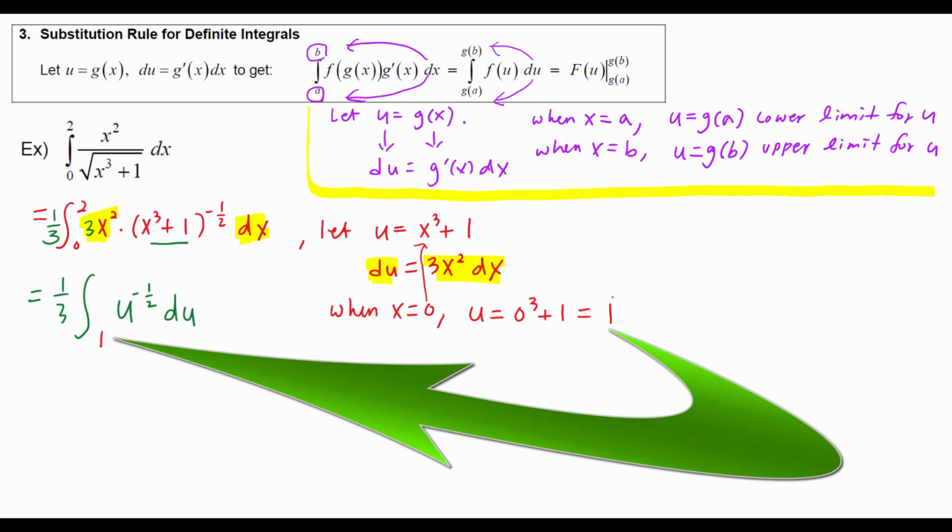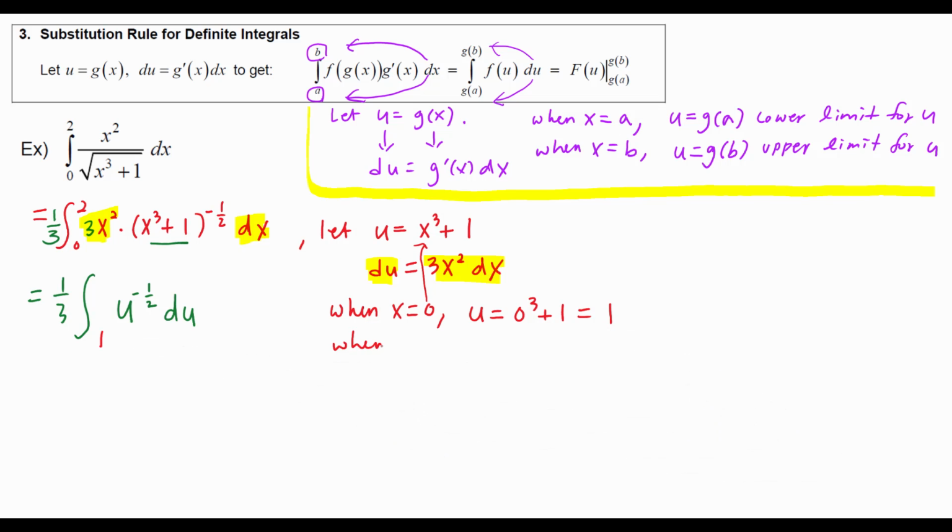So this value is my lower limit for my new integral. And now let's find the upper limit for u. When x was 2, u becomes 2 cubed plus 1, which is 8 plus 1, so it is 9. So my upper limit for u becomes 9.